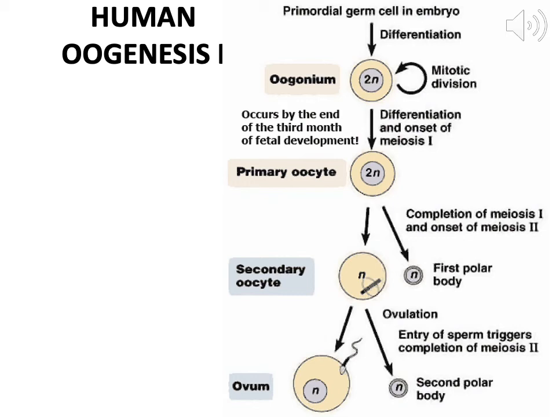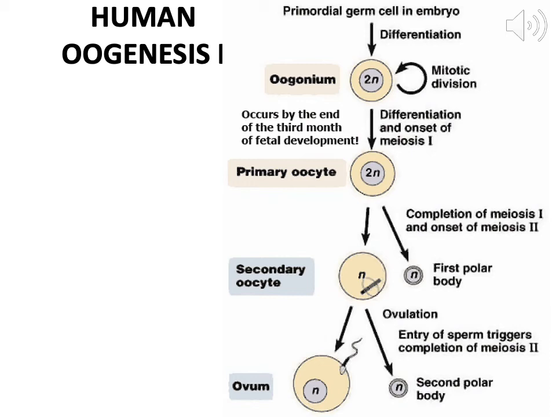If it does, it becomes a primary oocyte, which goes through meiosis 1, resulting in 2 unequal sized products, a secondary oocyte and a first polar body. And the secondary oocyte undergoes meiosis 2, resulting in an ovum, egg cell, and a second polar body.